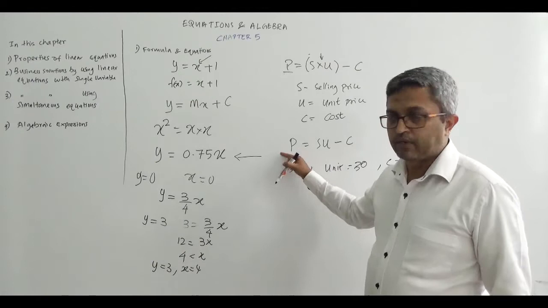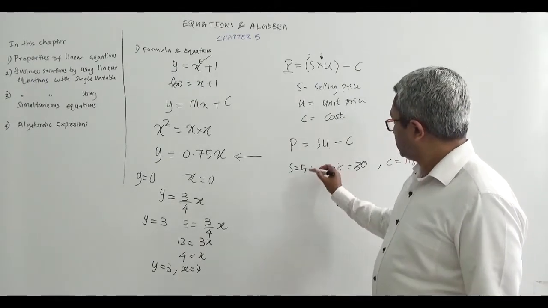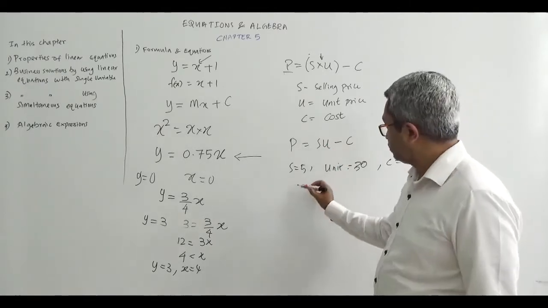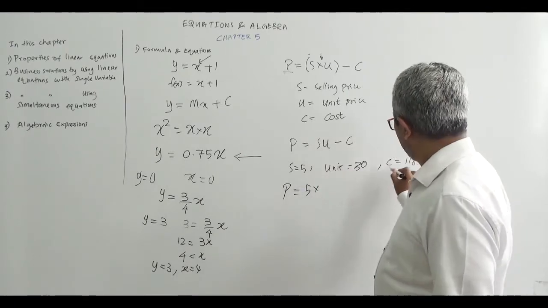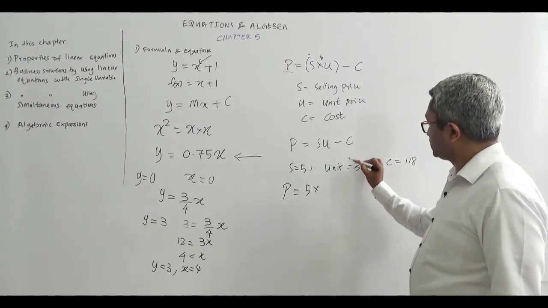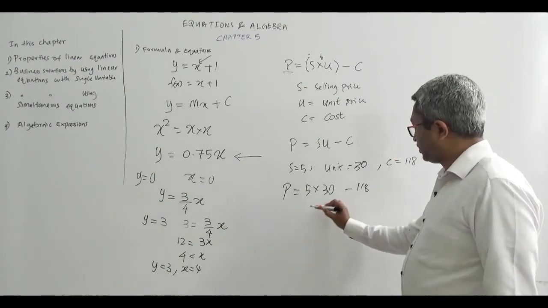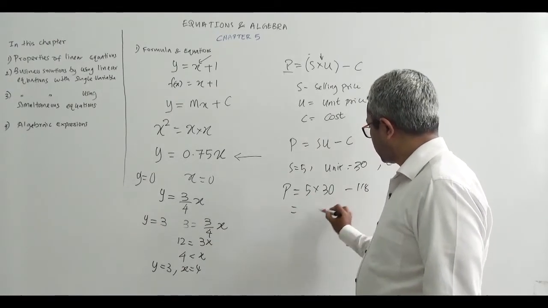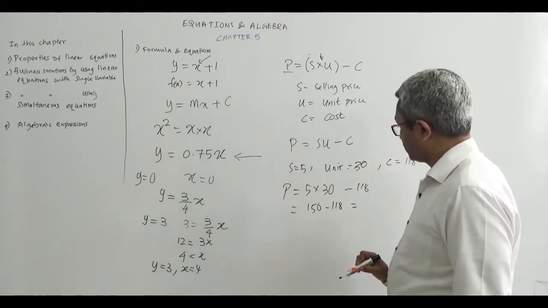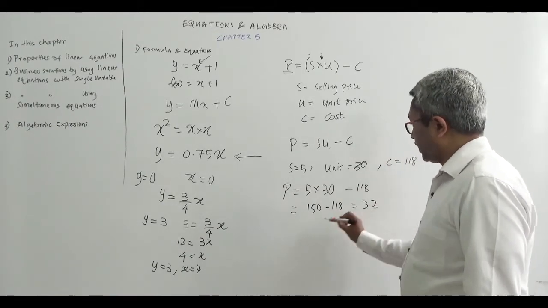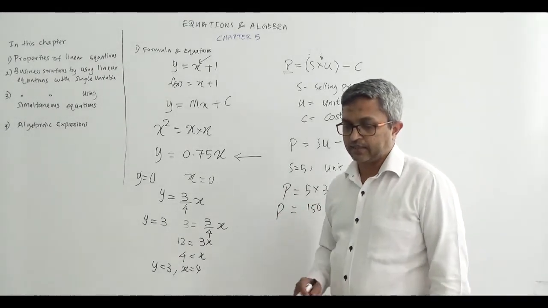They have given the values for us, so we need to find the profit. Just direct substitution: S is 5, U, the number of units, is 30, minus 118. So you'll be getting the profit as 150 minus 118, which is 32, right? So the profit is 32.